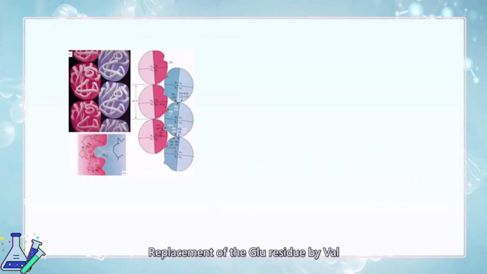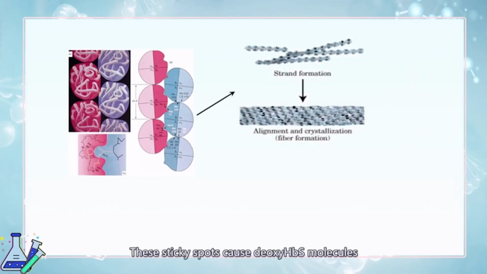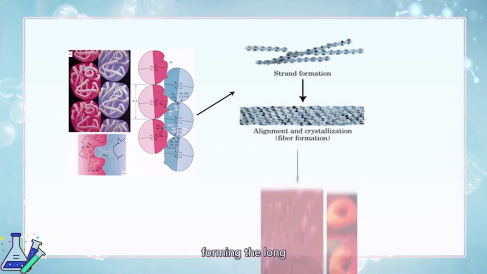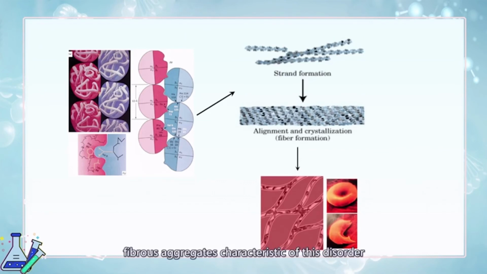Replacement of the glutamate residue by valine creates a sticky hydrophobic contact point at position 6 of the beta chain, which is on the outer surface of the molecule. These sticky spots cause the deoxy-HbS molecules to associate abnormally with each other, forming the long, fibrous aggregates characteristic of this disorder.